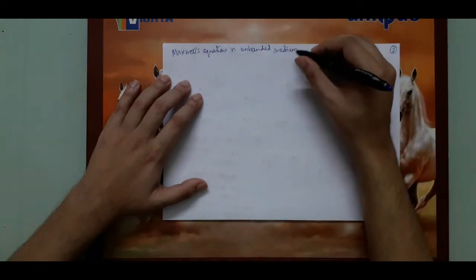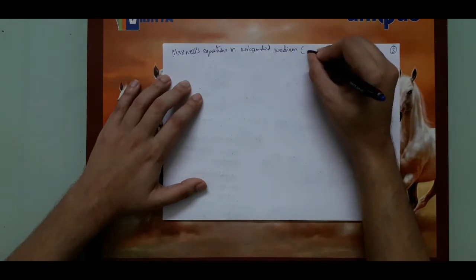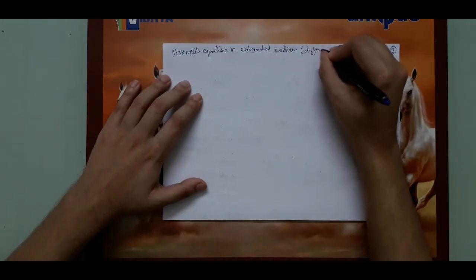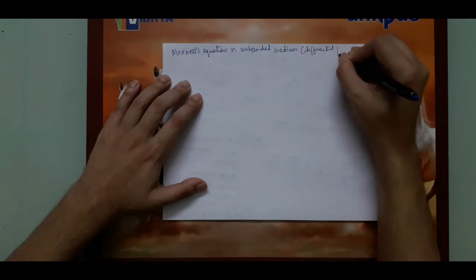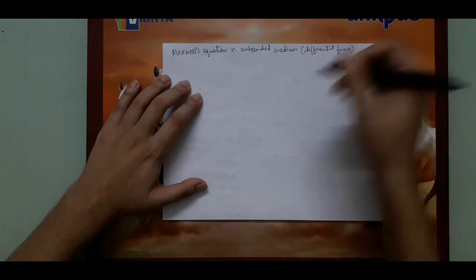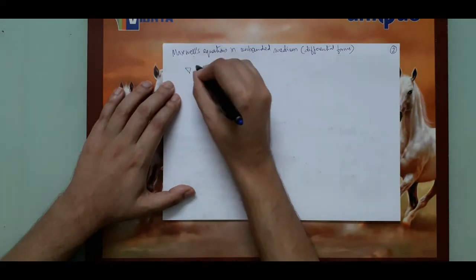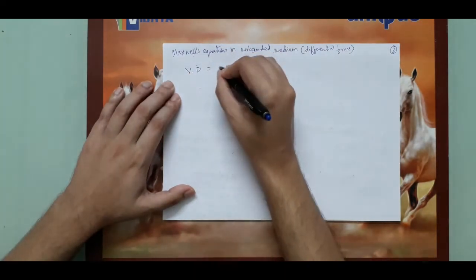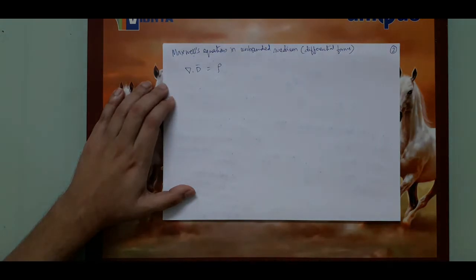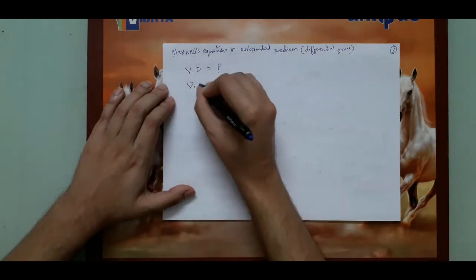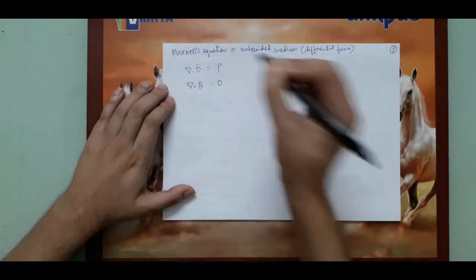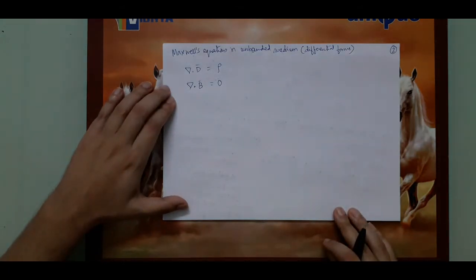As we discussed, differential forms are easier to handle. So let's write Gauss's law. This is Gauss's law for electric displacement. Then Gauss's law for magnetic flux density.